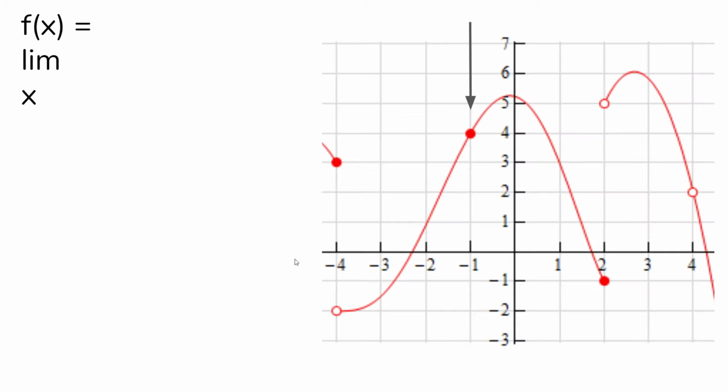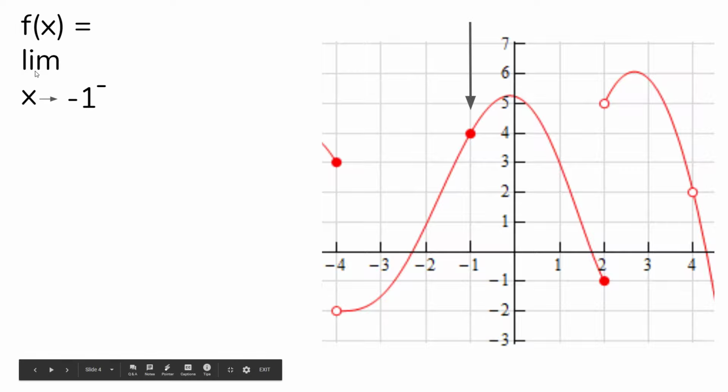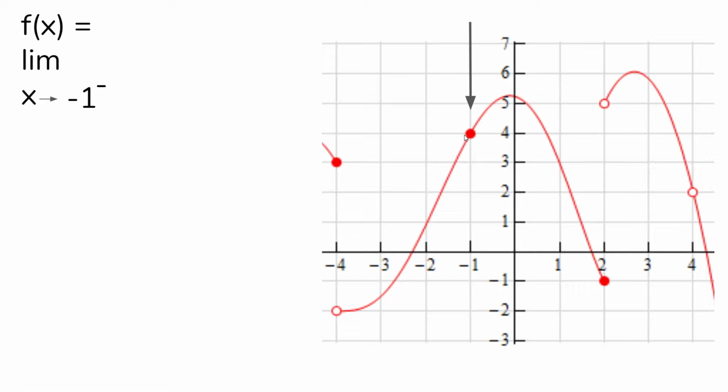And now we are approaching a point from a continuous function, or a part of a continuous function. We ask ourselves, what is f of x approaching as x approaches negative 1 from the left side? So we look at the graph, negative 1 is here.